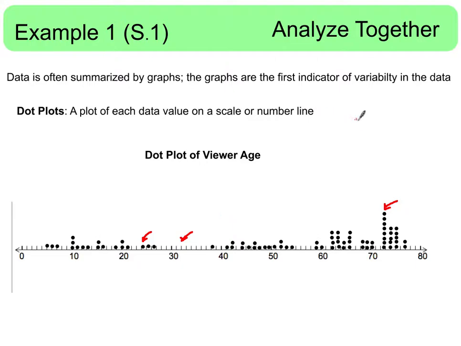If we count the dots over on this one, 1, 2, 3, 4, 5, 6, 7, 8, this occurred 8 times within that particular study. We'll talk more about dot plots in a later example.